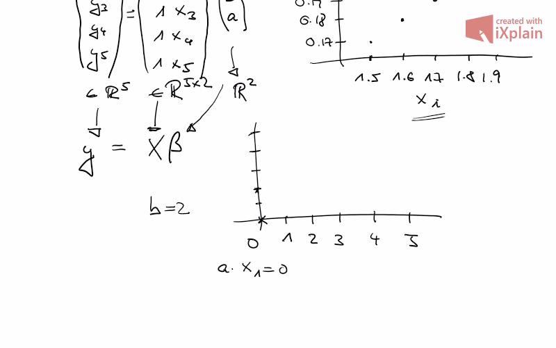Oops, there goes my whole axis. So you end up here already. That's your a times x1 plus b, because b is now 2. 1, 2, 3, 4, 5. X1 is 0, so you end up here.